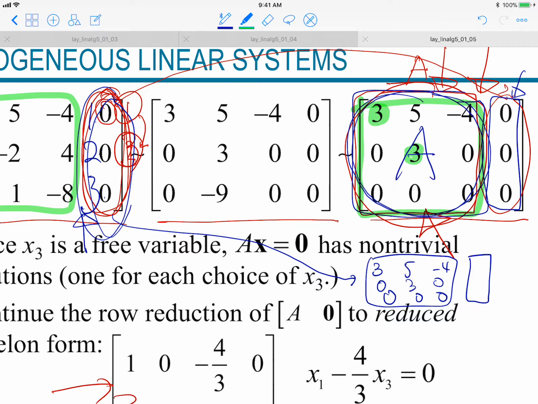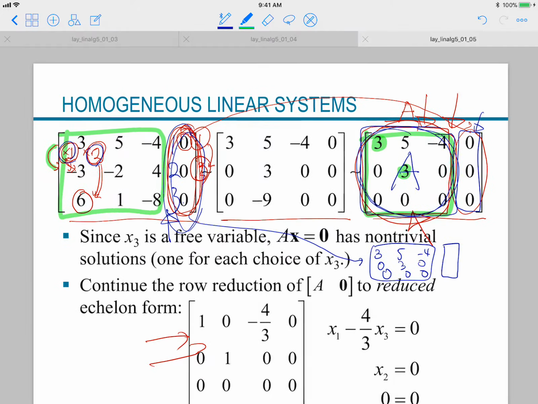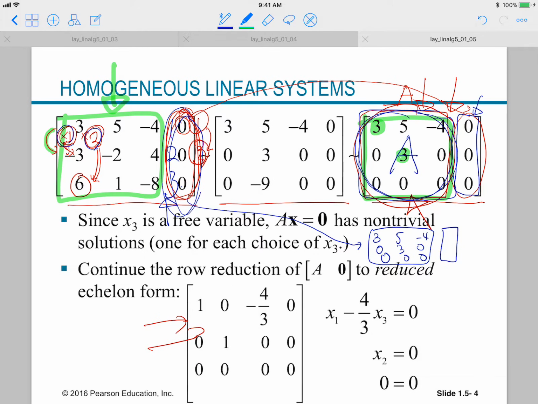If you understood this point, we can now see the really important characteristic in this row reduction. The point is that the pivot position will not change, at least in this A part.